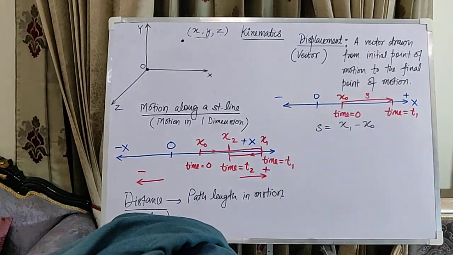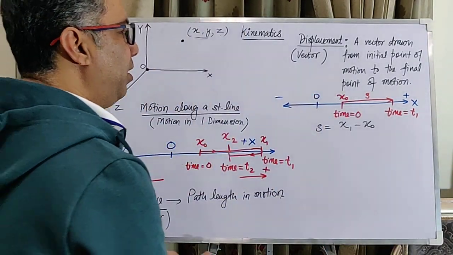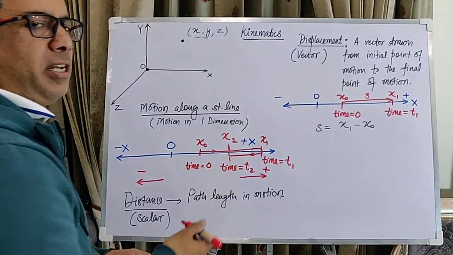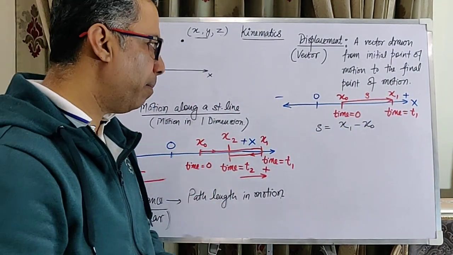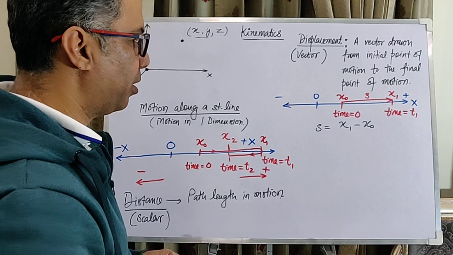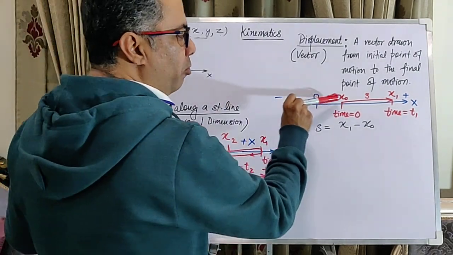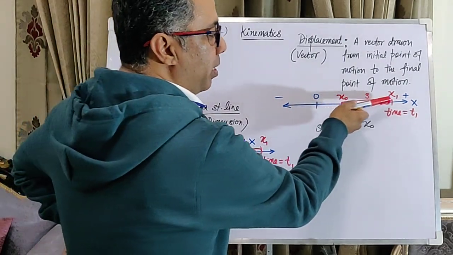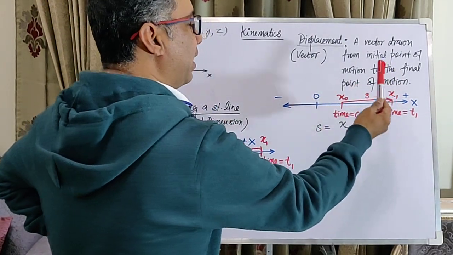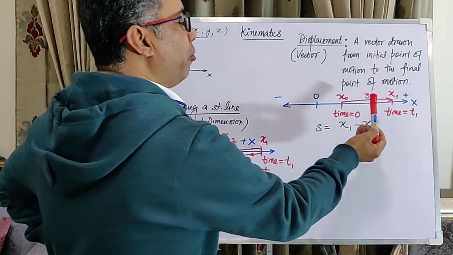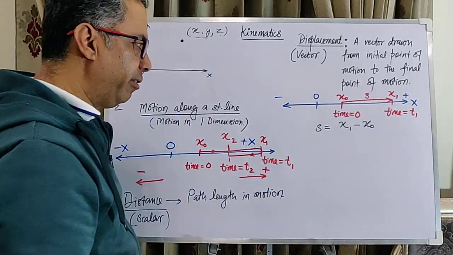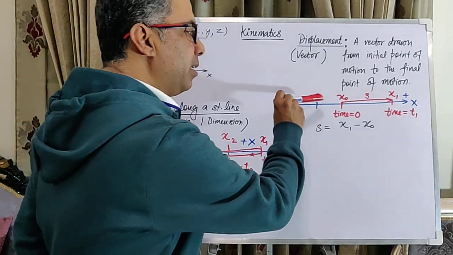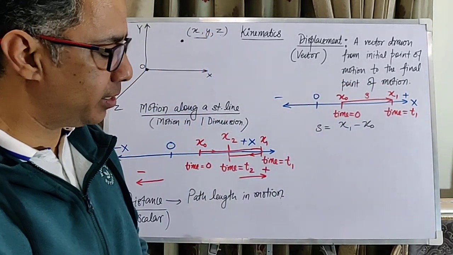So displacement can easily be described as the final coordinate minus the initial coordinate, or final position minus the initial position. Now since the object was moving in the positive direction of x-axis, the x coordinate was increasing, so x1 is greater than x0, and therefore the difference will be a positive difference. So displacement s here is a positive displacement. It is in positive direction of x-axis.